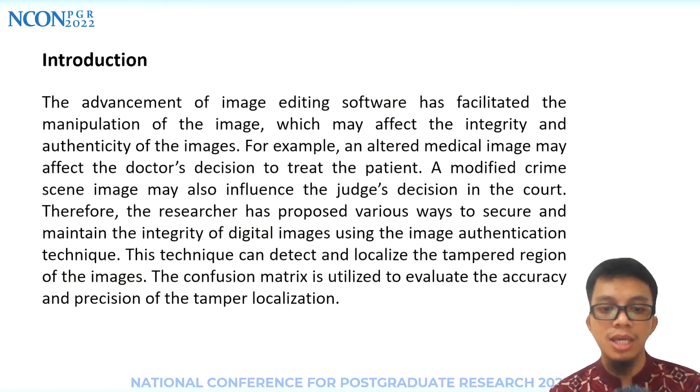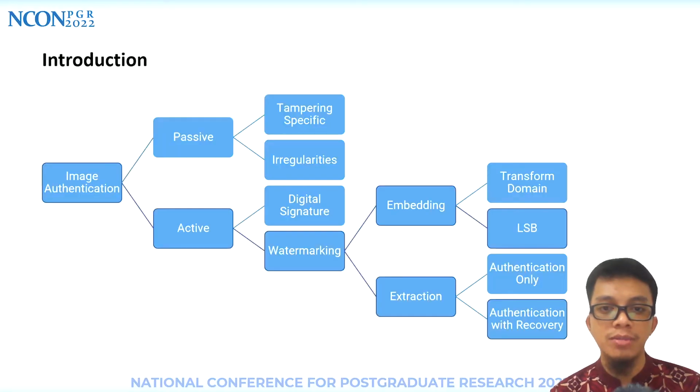This technique can detect and localize the tampered region of the image. The confusion matrix is utilized to evaluate the accuracy and precision of the tamper localization. In general, image authentication is divided into two categories: passive authentication and active authentication.